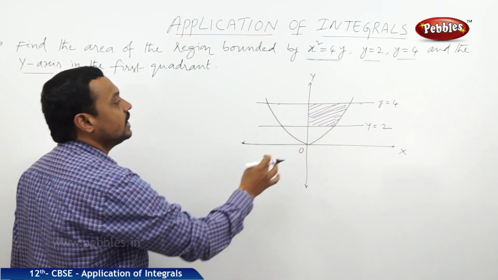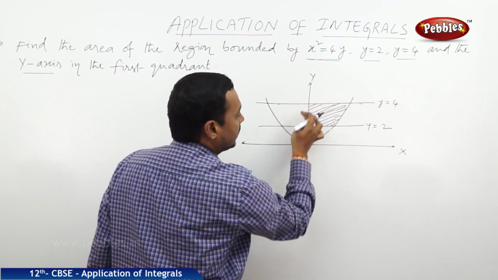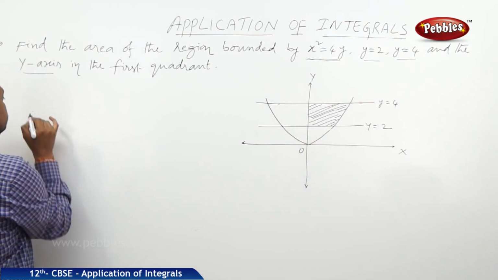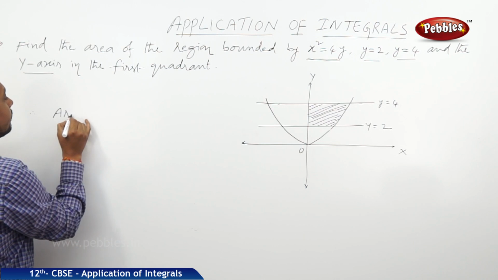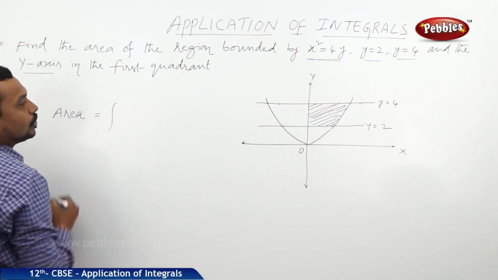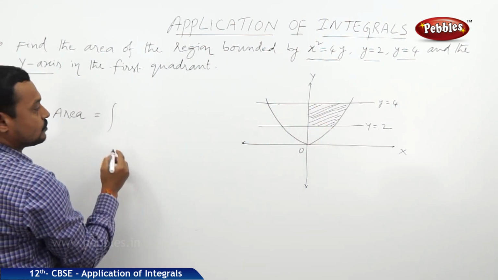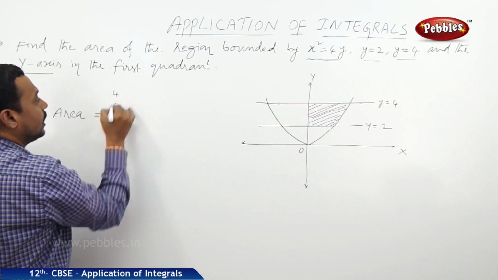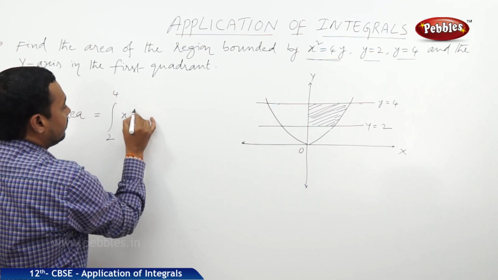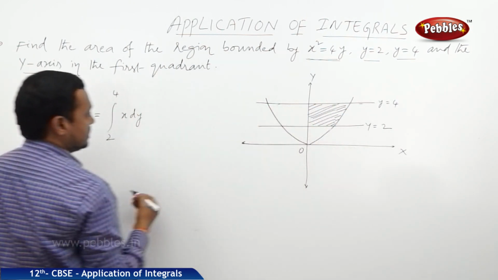Now you know that region is bounded by the curve and two straight lines and with y-axis. Therefore, the area is equal to, now it is bounded between the two limits, y is equal to 2 and y is equal to 4, and this is x dy with respect to y-axis.